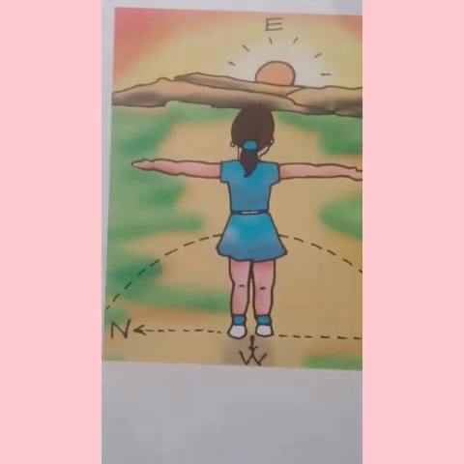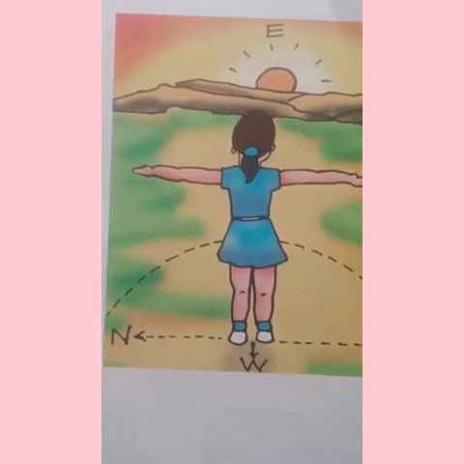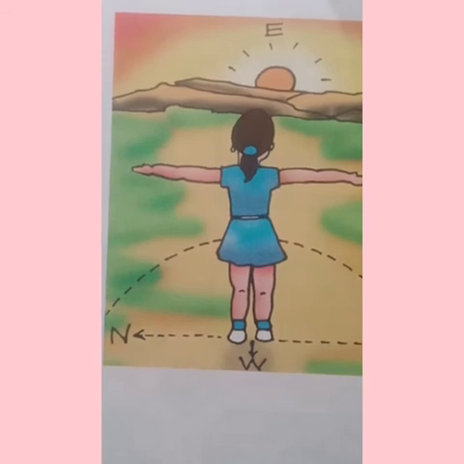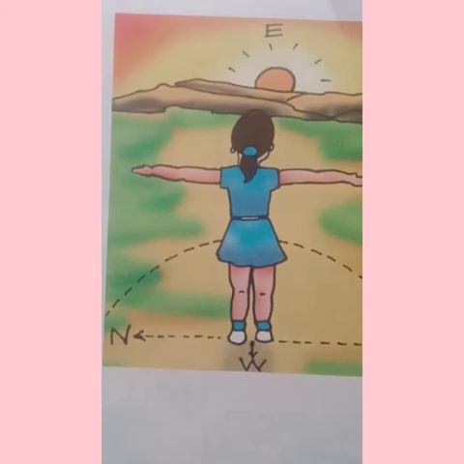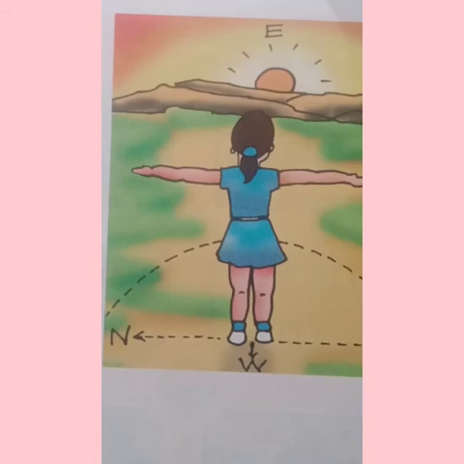Will the sun change its direction? No, it will not change its direction. Sun will always rise in the east and set in the west. So when you face the sun, it is your east, your back is west, your right hand is south and your left hand is north.